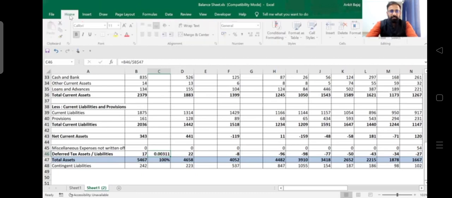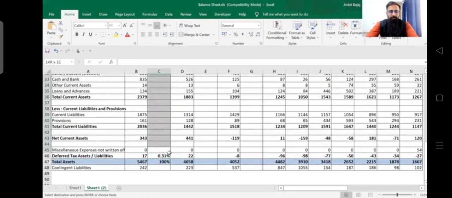If I calculate it in terms of percentage, the value of deferred tax is 0.31 percent. Because I have frozen the total asset value, I will now copy the formula down.